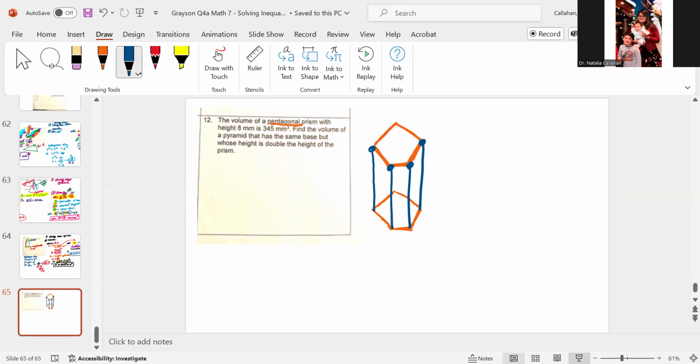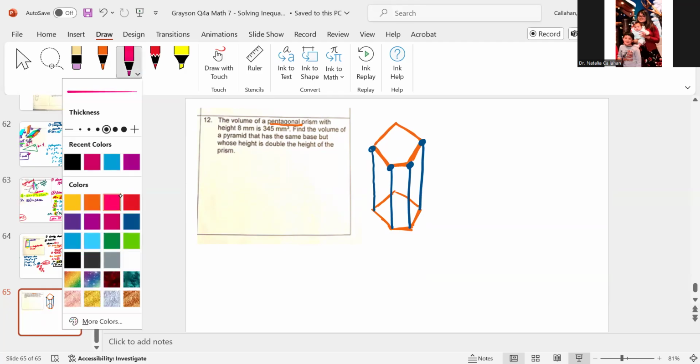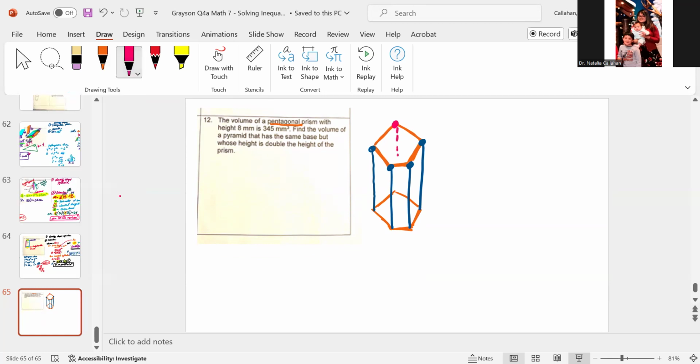Do you see that? Now it's like kind of a 3D, right? And if you can imagine this part right here, it's going down to here. Do you see that? Okay. This is called a pentagonal prism. Okay. So this is number one. This is classify the shape, right?